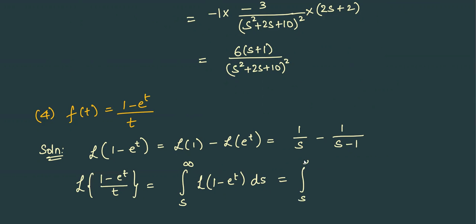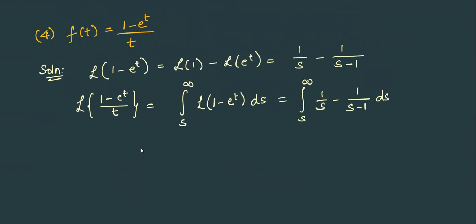So it is the integral of this transform. So we get log of s minus log of s minus 1. So I get log of s by s minus 1. So this is the Laplace transform.